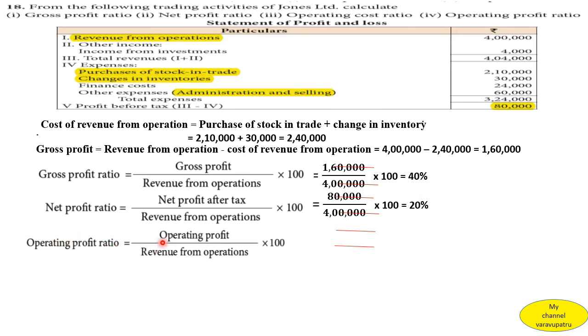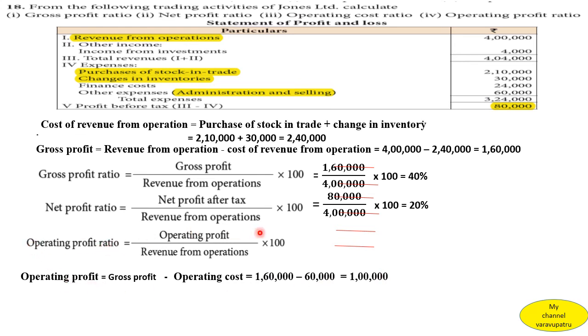Operating profit ratio is equal to operating profit by revenue from operation into 100. Operating profit is equal to gross profit minus operating cost. Operating cost is nothing but administration and selling expenses 60,000. So gross profit we found here 1,60,000. 1,60,000 minus 60,000, 1 lakh is the operating profit.